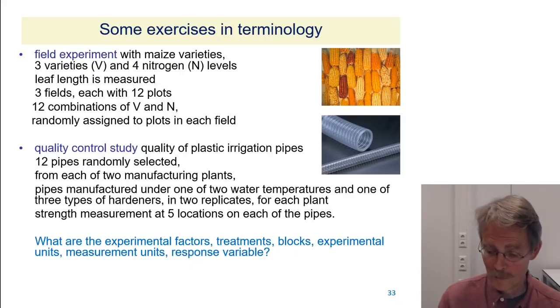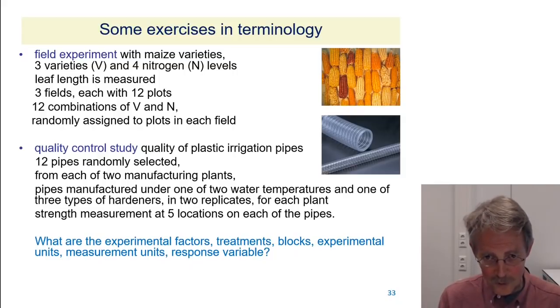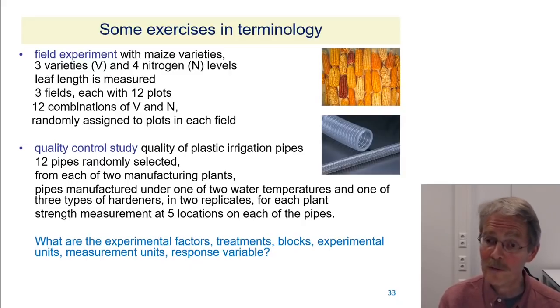So you can imagine that we take something heavy that we put on a location and we increase and increase the weight until the pipe cracks. That would be an option. Okay, so again, have a careful look, stop the video, think about the question about experimental factors, treatments, etc. again, and come back when you're ready.